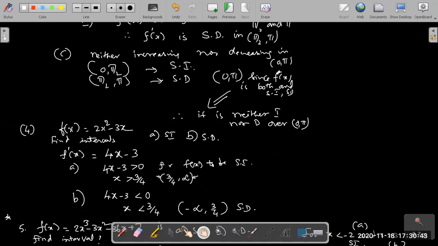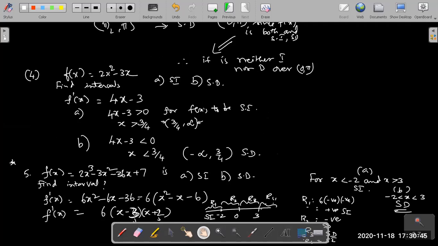So fourth question, we need to find the intervals, fourth question and fifth question. So the function is given and find the intervals in which it is strictly increasing, find the intervals in which it is strictly decreasing. So differentiated, we got 4x minus 3. Then we use inequality. We put greater than 0. That means for any value greater than 3 by 4, this is positive.